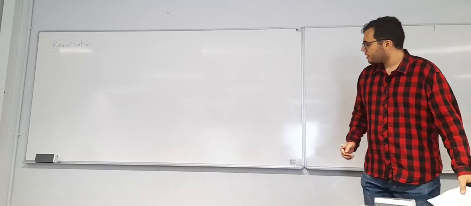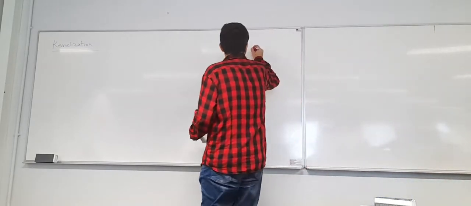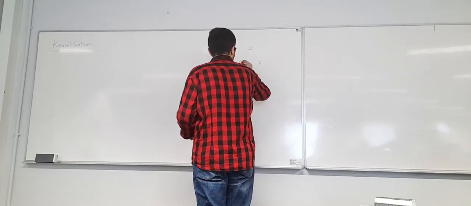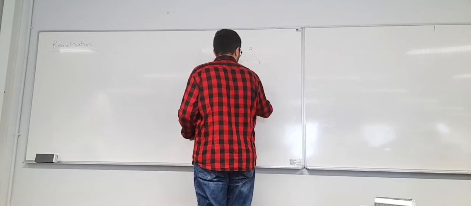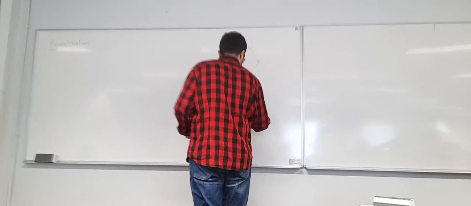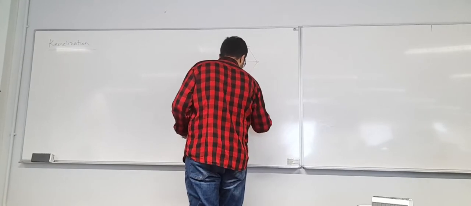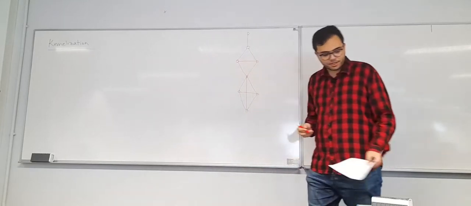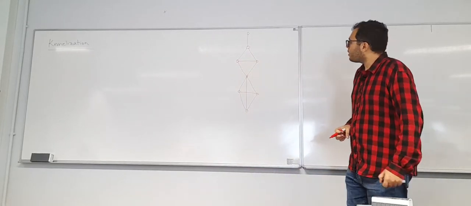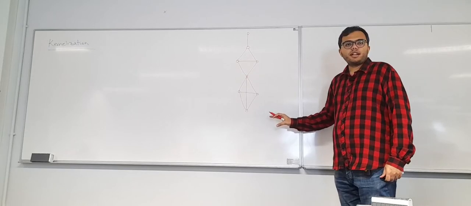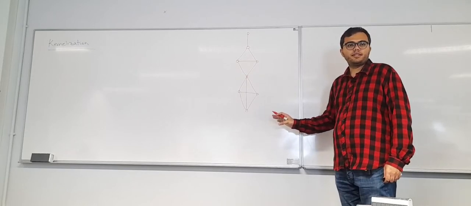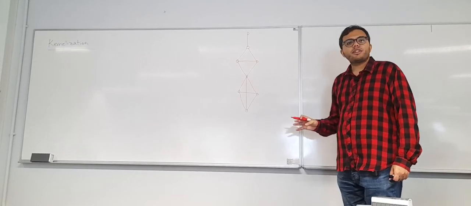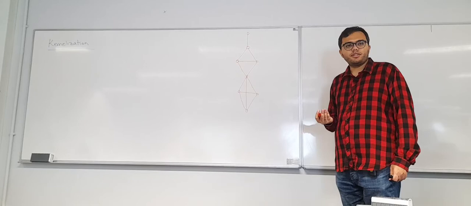Let's say I have a kite-like graph, and maybe another copy of it. Let's add one edge here. I want to cover all of the edges of this graph with a bunch of cliques. The question is whether I can cover it with k cliques, and k is the parameter.